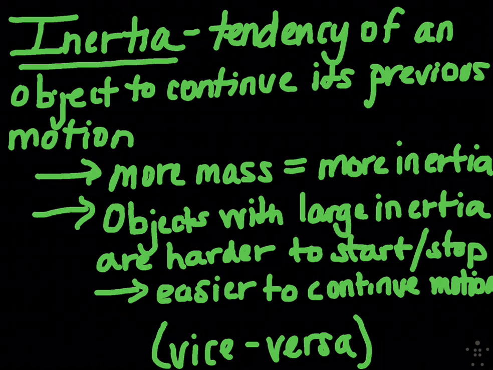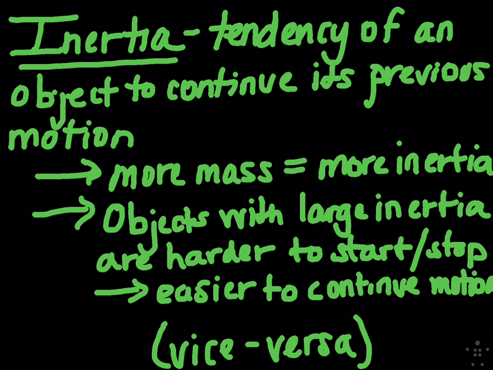So I'm going to leave you with this example. Think of a semi versus, we'll say something like a Camaro or a Corvette. Something very large, but versus something fairly small, but in the same category.